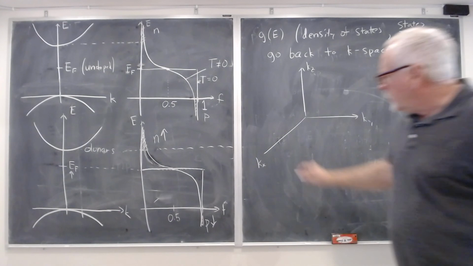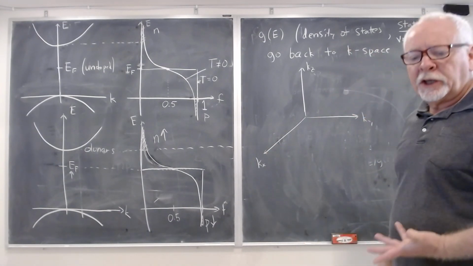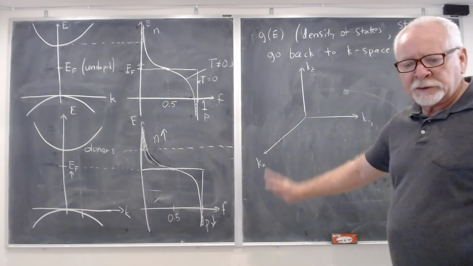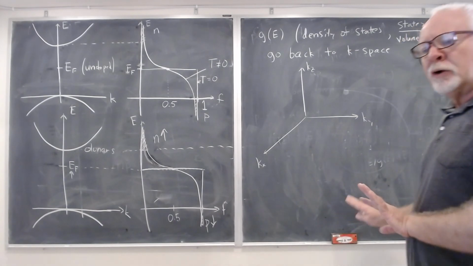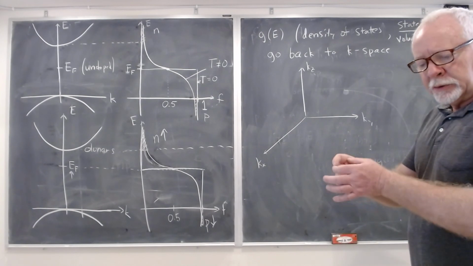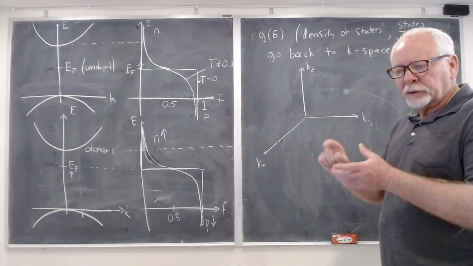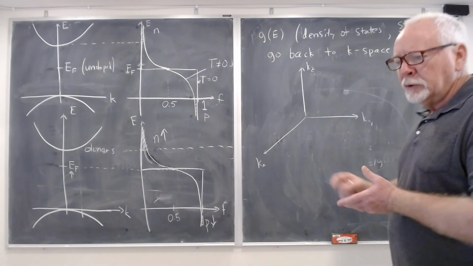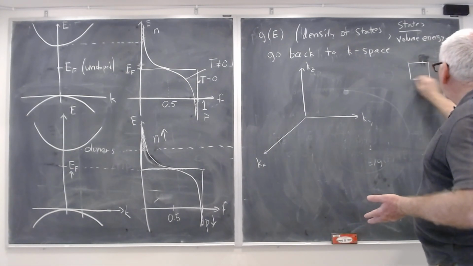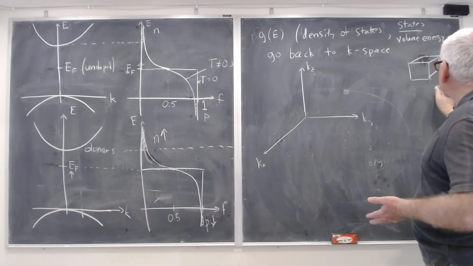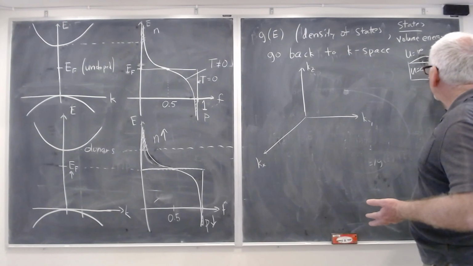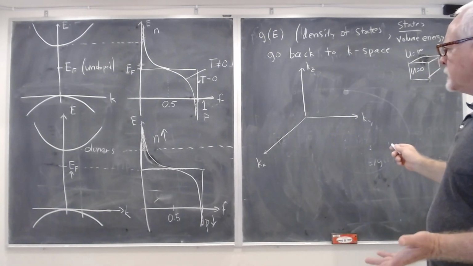So what I want you to do now is go back to our K-space discussion. Forget about band structures or conduction bands or valence bands for the moment. Just go back to our picture of the electrons piling up in a semiconductor sample, where we just assumed this model where inside the sample U equals 0 and outside U equals infinity, and so that led to the spacing in K-space.